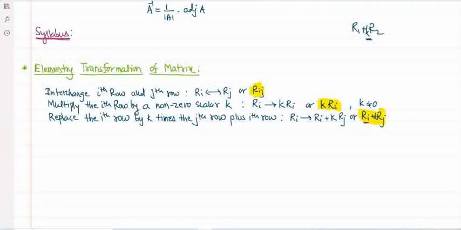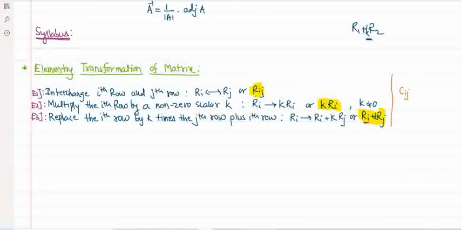So these are the elementary transformations. The first elementary transformation I denote as E1, the second as E2, the third as E3. These are the elementary transformations related to rows. In the same manner, you may write elementary transformations for columns. First, you can interchange any two columns as per your requirement.